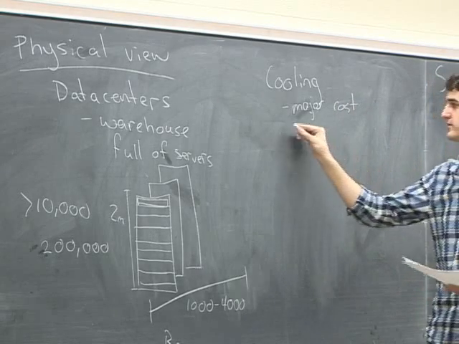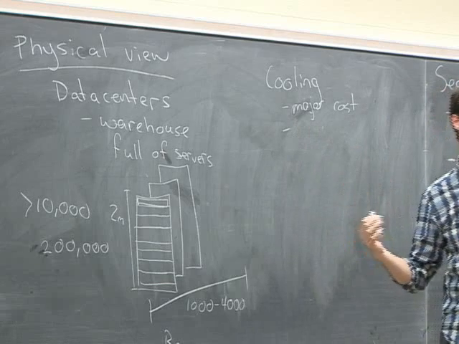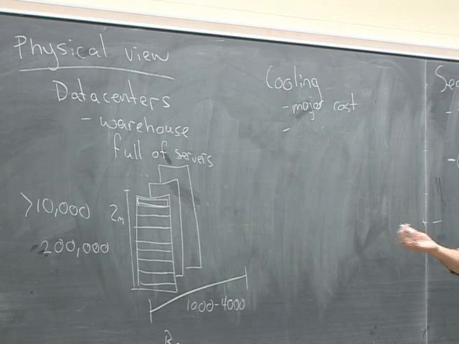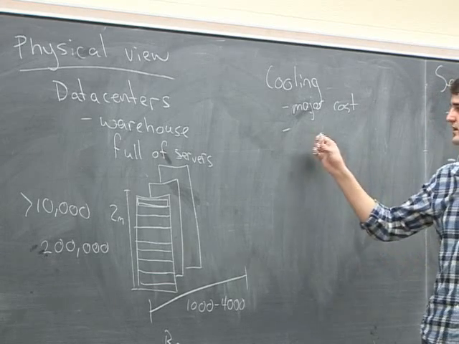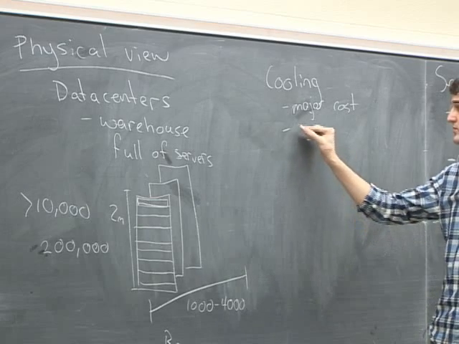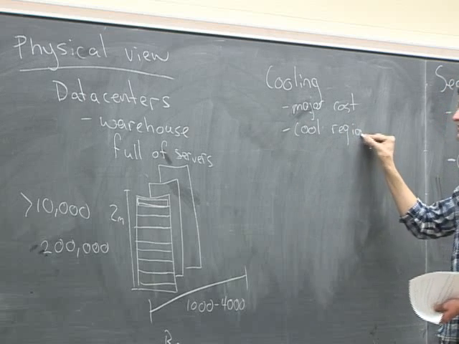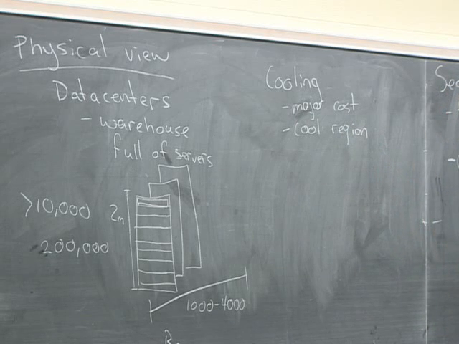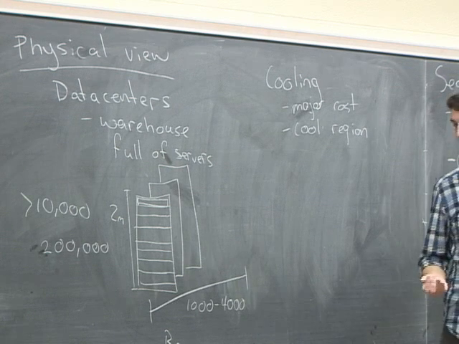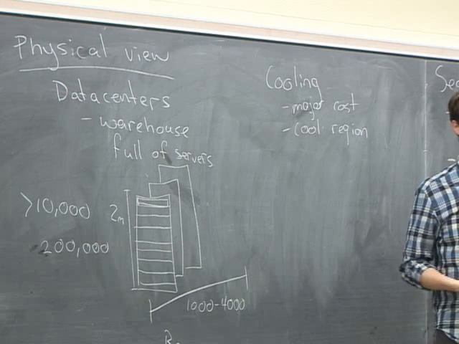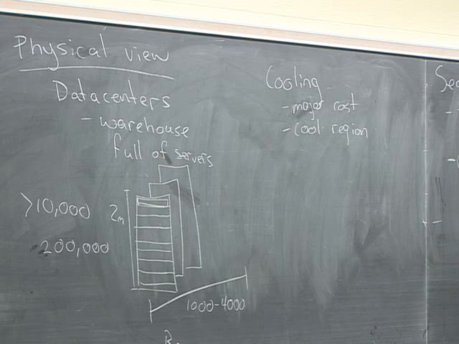Modern data centers are using free cooling by just opening the windows. So they're often locating data centers in cool regions to take advantage of it, like Ireland, Belgium, and the Washington State area, because in these areas the temperature never really gets above, say, 25 degrees.